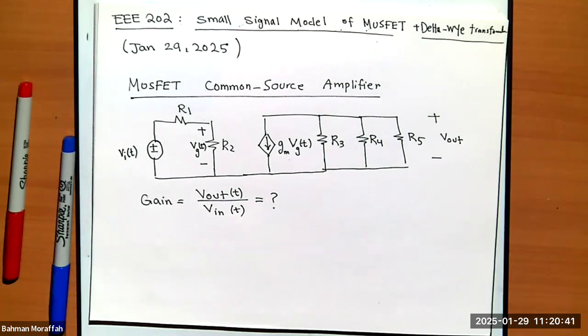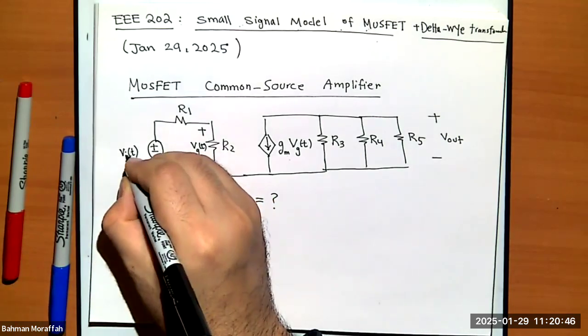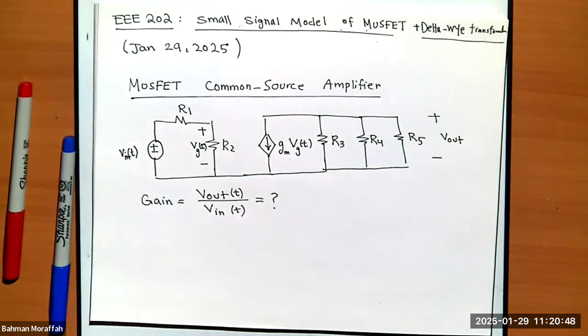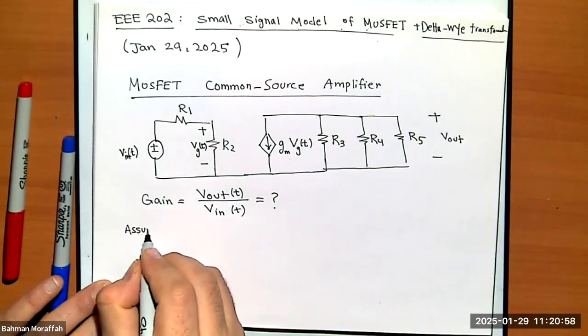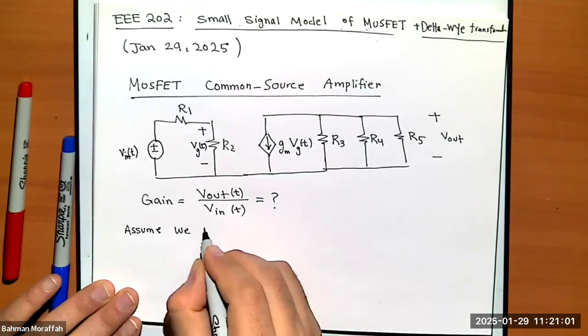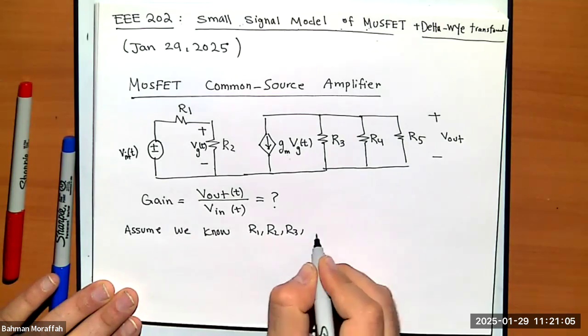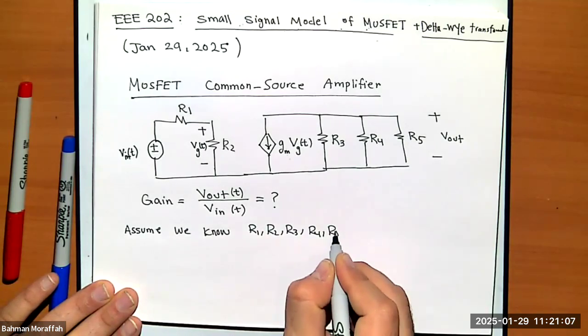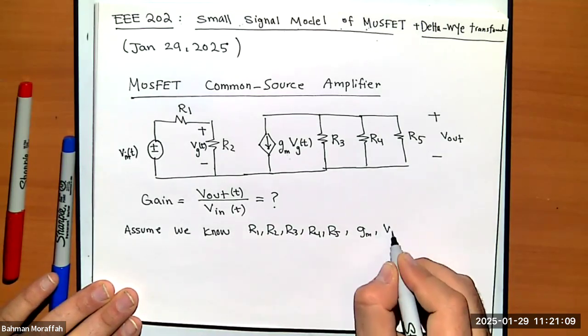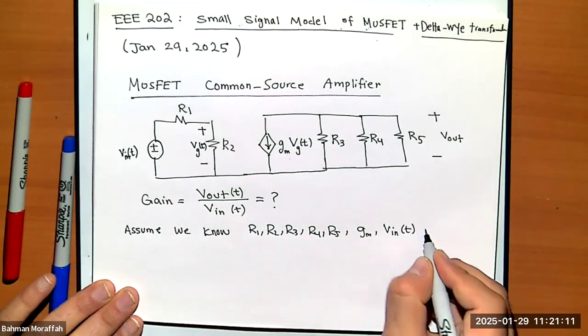Let's just write VI as V input. Let's say V input, R1, R2, R3, R4, and R5 are all given to us. Assume we know R1, R2, R3, R4, R5, GM, and V in of t.